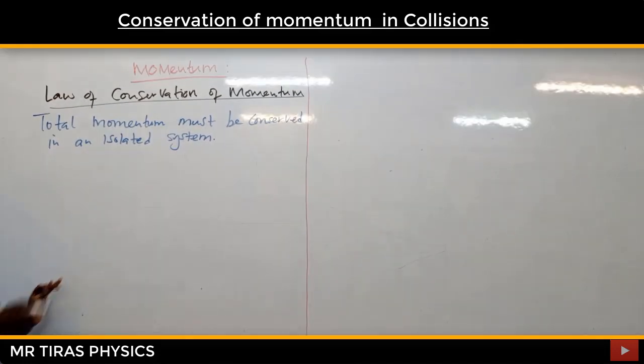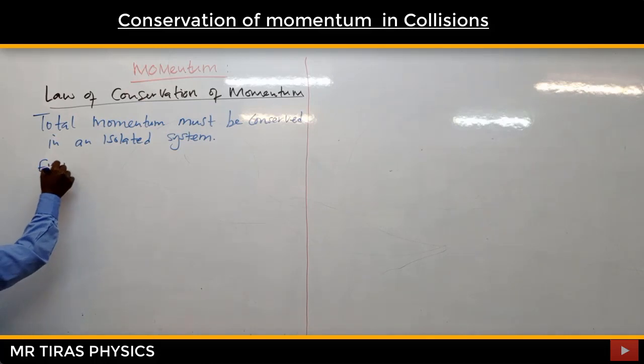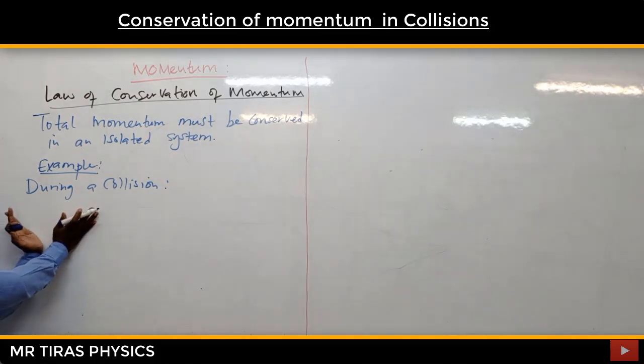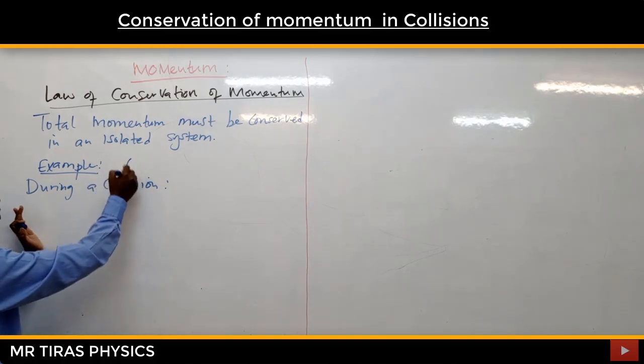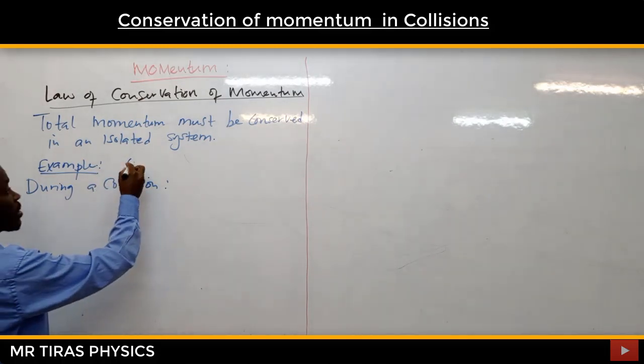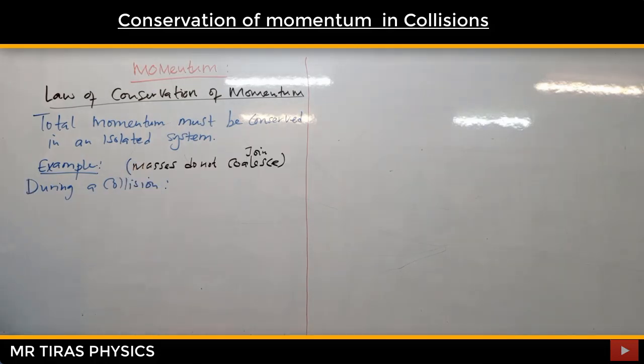So this would mean, for an example, during a collision, let's say we have two masses, and for this particular example we want to work out an example where masses do not join.